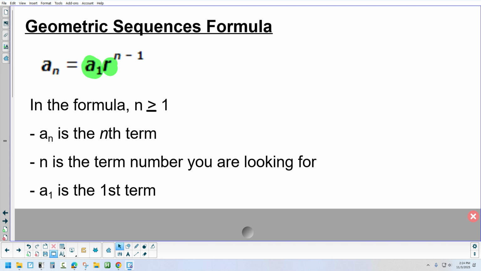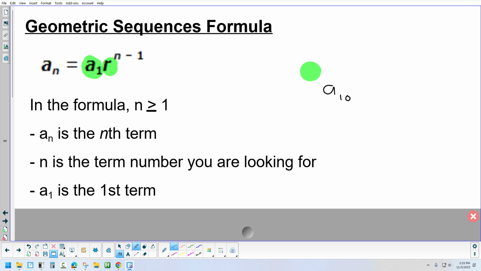Okay, I'll tell you. So A1 is the first term. A sub n, that just stands for the nth term. What does that mean? Well, if you wanted to know the 10th term in a pattern, then you would write it as A sub 10.